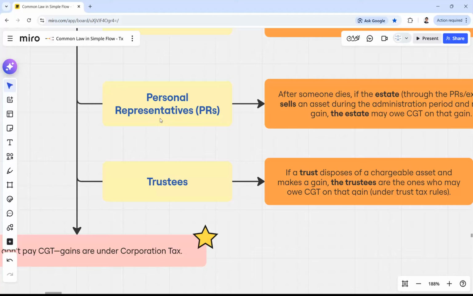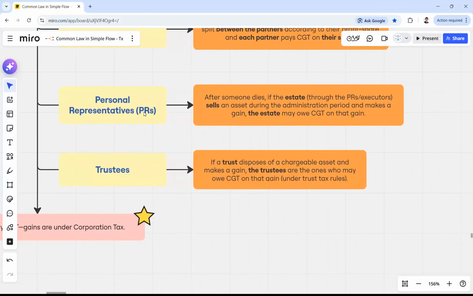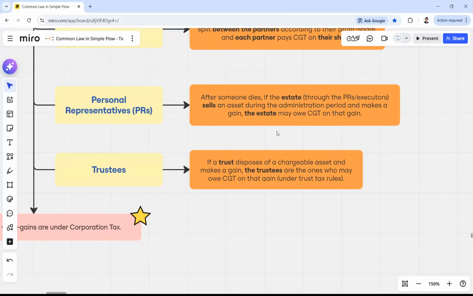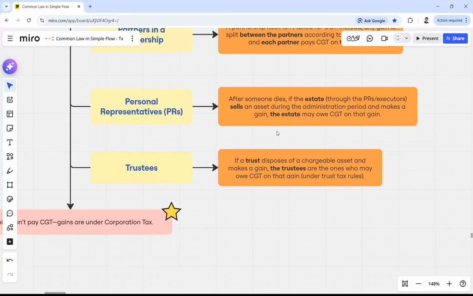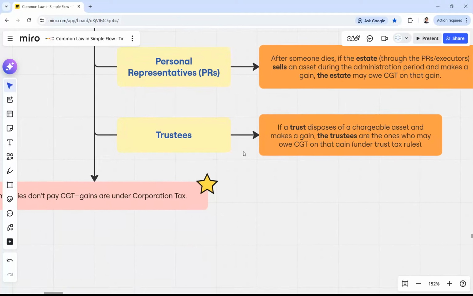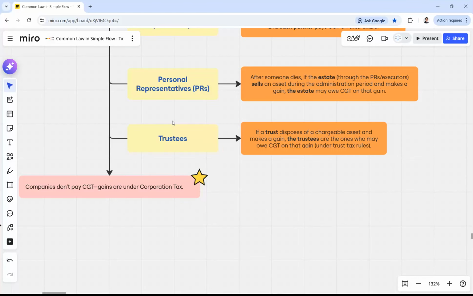Everything goes through members. Personal representatives, PRs. After someone dies, if the estate, through the PR executor, sells an asset during the administration period and makes a gain, the estate may owe capital gains tax on that gain. Trustees, if a trust disposes, and trustees, personal representatives are almost the same.